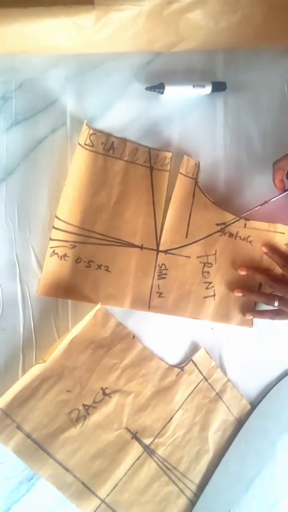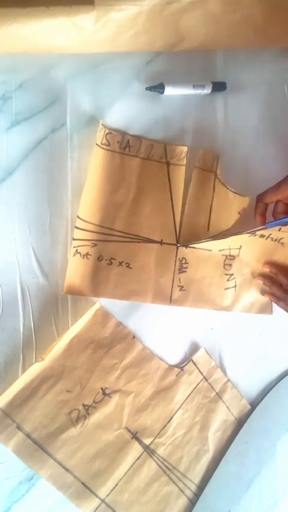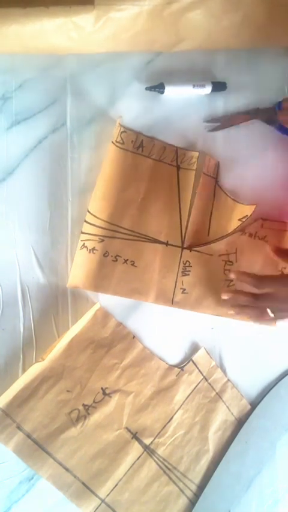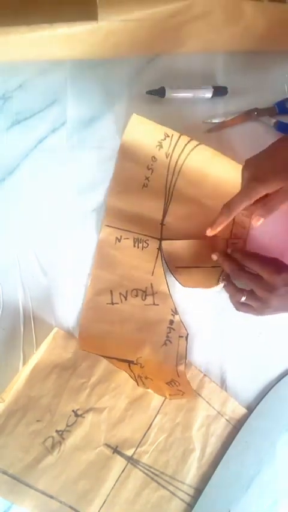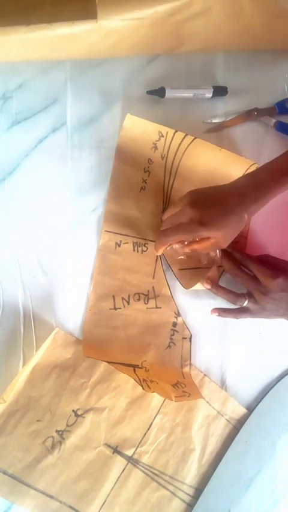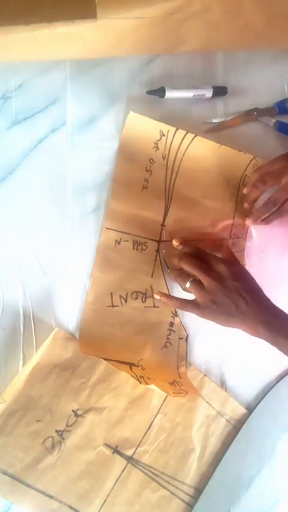So we are changing it to a princess dart or armhole dart. On the princess dart, we are closing the side dart. You close the side dart and transfer the dart allowance to the armhole. That's basically it. Just changing the positioning of the dart.